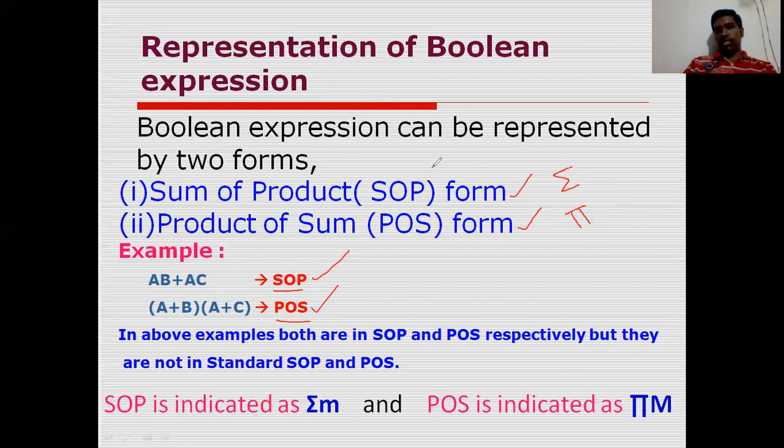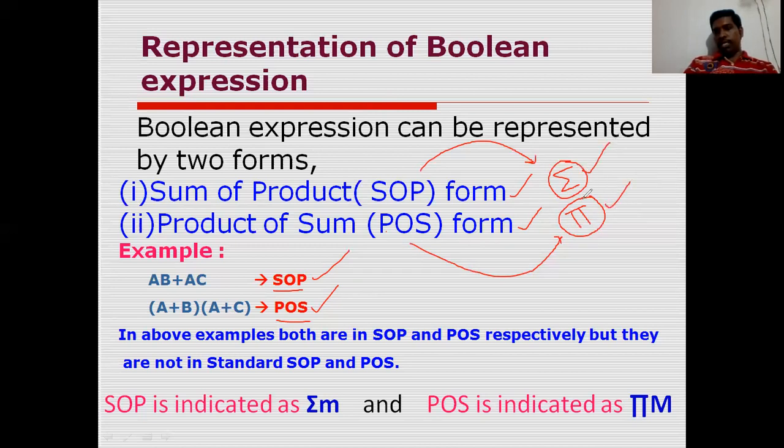So please remember that SOP is the summing of product terms, therefore it is given the symbol of summation, and in POS it is given the symbol of pi. Why? Because we are multiplying the sum terms, right? Product means pi, sum means summation. Please remember SOP means summation and POS means pi.